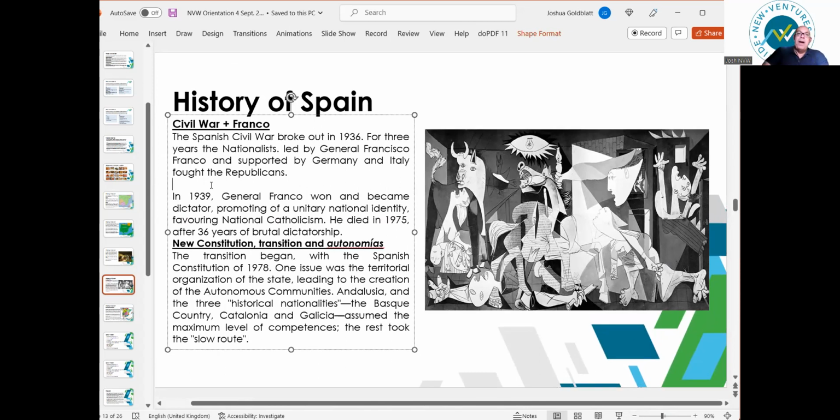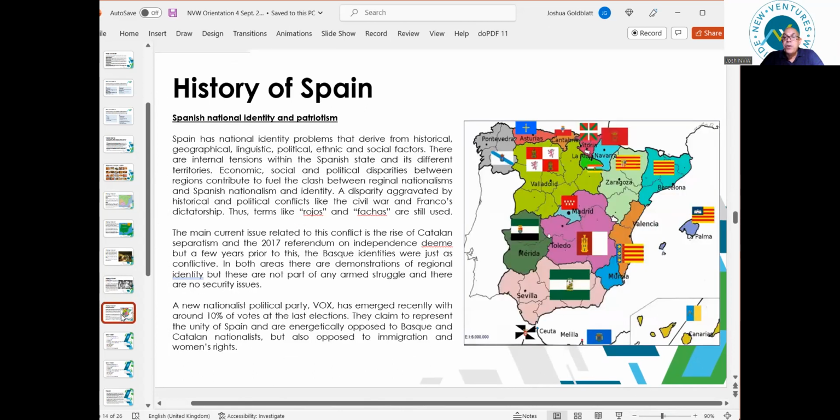Right, in 1978, there was a new constitution, and Spain has been a democracy since then. One thing that happened was that the country was divided into different autonomous regions, okay? And we can see there are 19 different regions, and we can see Catalonia, the Basque country, Madrid, Valencia, Andalusia, and then some other smaller ones, okay?